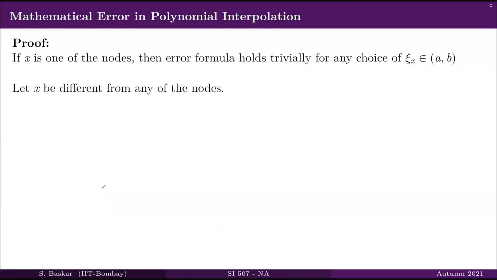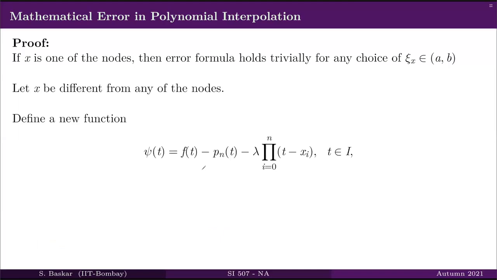So we will assume that x is not equal to any of the nodes that we have used in constructing the interpolating polynomial. Now in this case, we have something non-trivial to prove. Let us see how to go ahead. As I told, the idea is something which we have always used in many places.